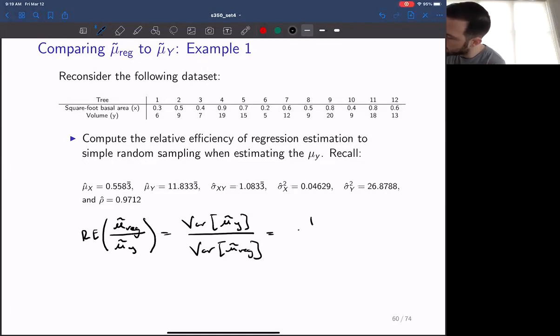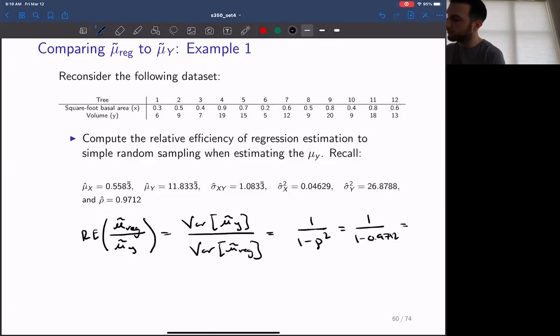So this from the previous slide is going to be 1 over 1 minus rho squared, which is equal to 1 over 1 minus 0.9712, which is equal to 16 points.